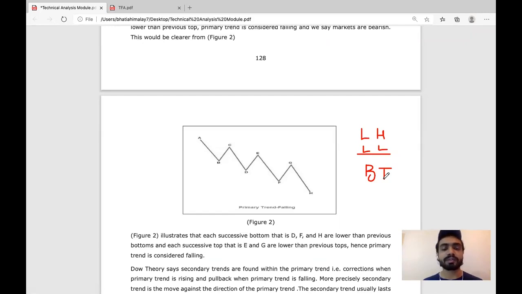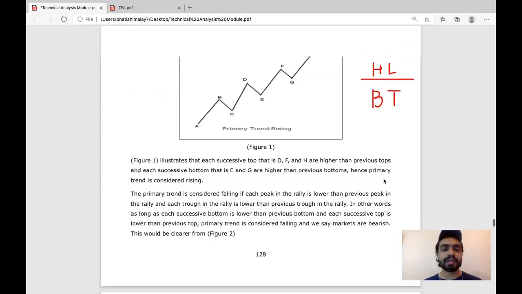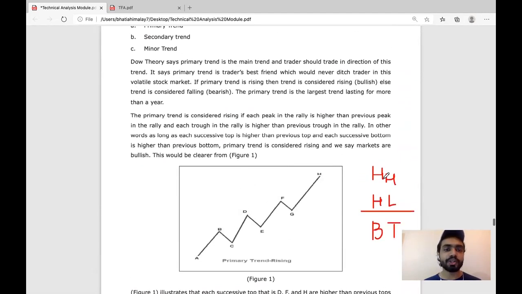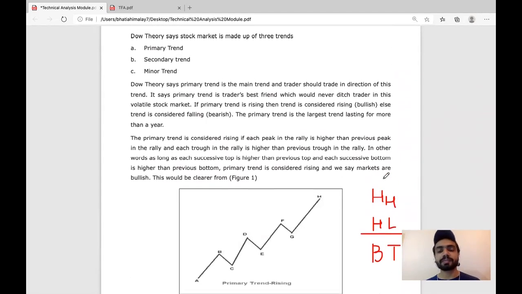All right, now let's talk about the secondary and the minor trend. For this, what I first want you to do is to imagine a picture that I will be giving you. Let's all imagine that we are sitting on the moon and looking towards the earth. Now, what will we see?